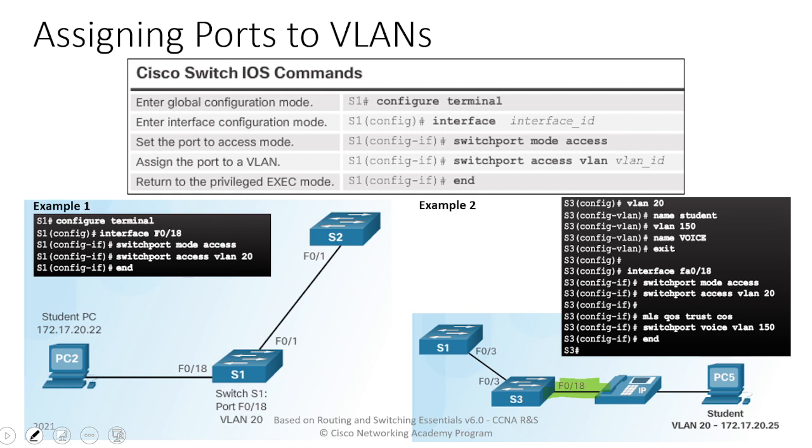So any traffic that belongs to the voice network will go to VLAN 150, and the data VLAN will be VLAN 20. So once we define our VLANs, we'll have to specify which VLANs these different ports belong to in a switch.